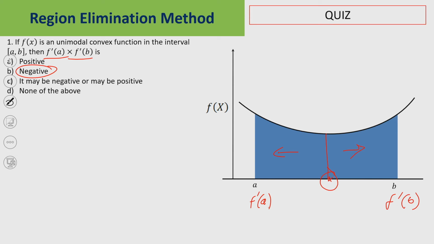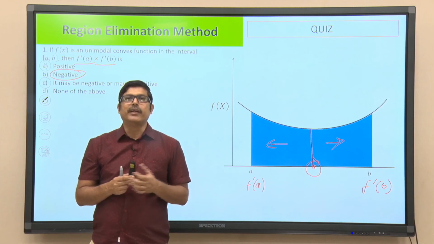So that means if it is a unimodal function, there is a minima between a and b, and f'(a) times f'(b) should be negative.